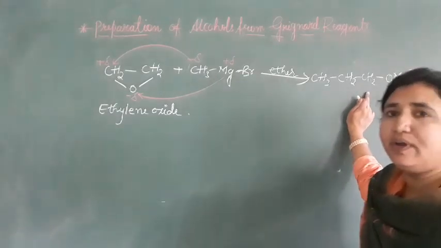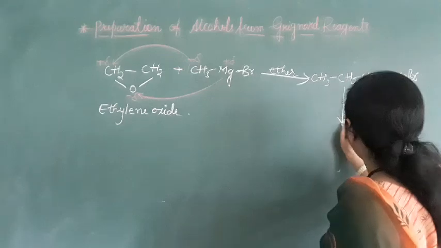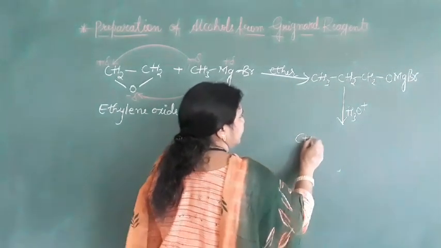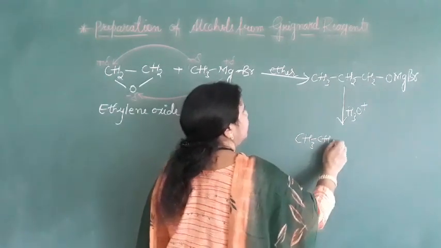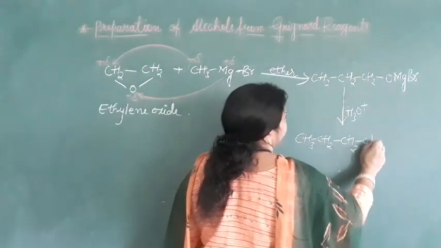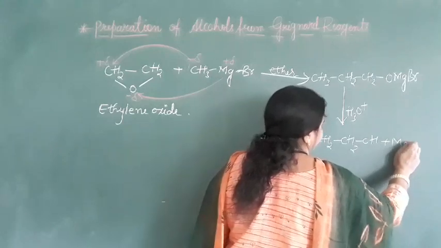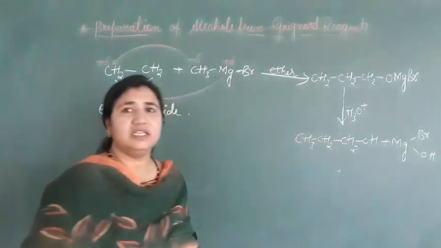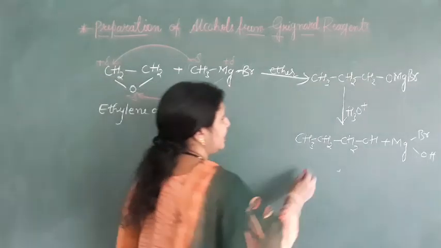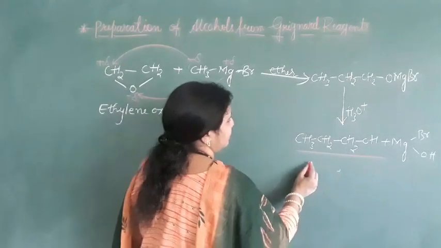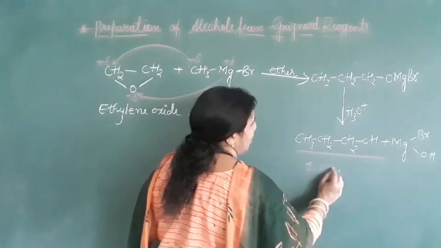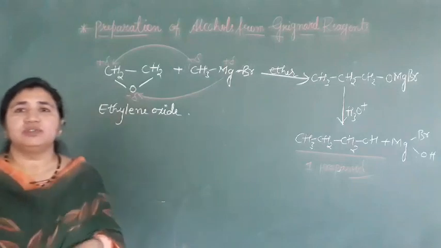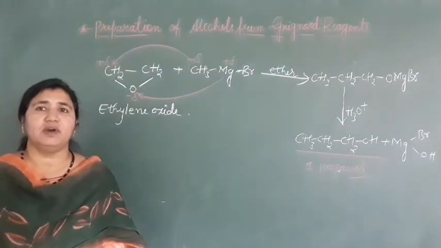And this addition product on hydrolysis, H3O plus, gives CH3CH2OH plus MgBrOH. So in this case we are getting a primary alcohol. What is this one? It is 1-propanol. So we get a primary alcohol here.